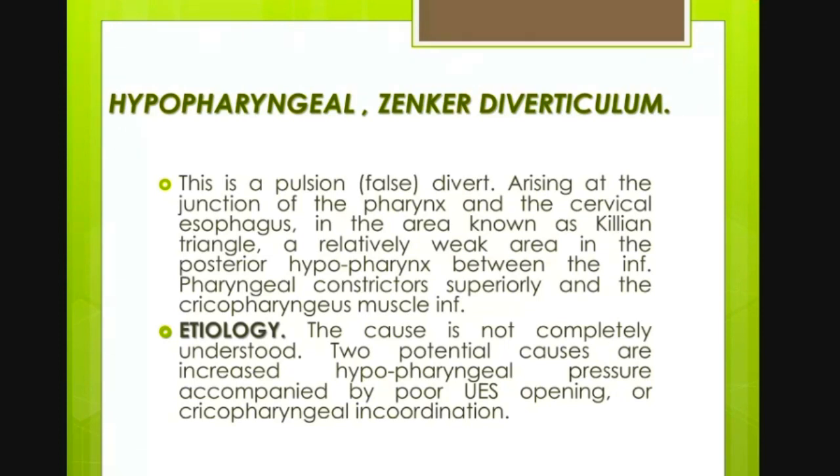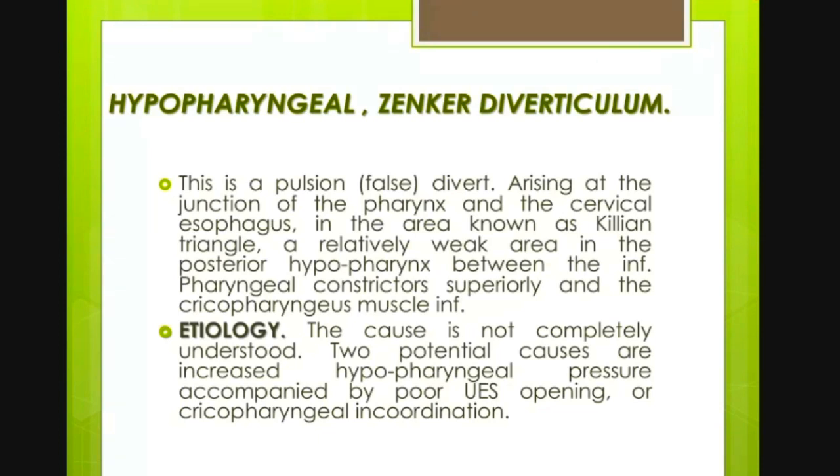The cause of it is not completely understood till now. Maybe there are two potential causes, either an increase of hypopharyngeal pressure accompanied by poor upper esophageal opening, or a cricopharyngeal incoordination.